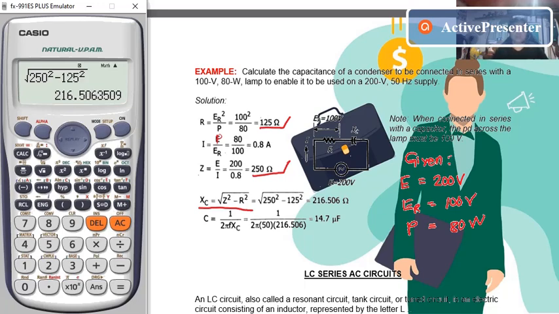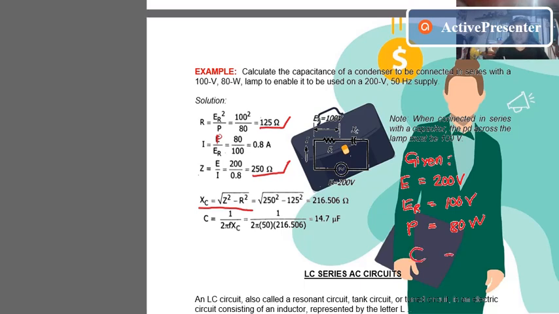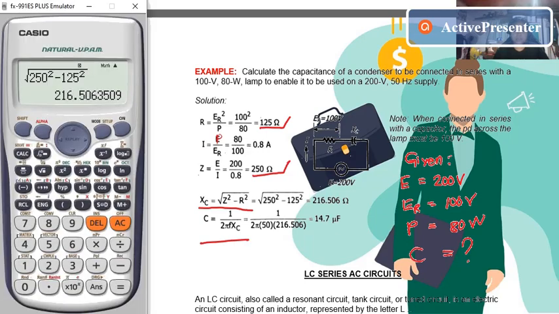ohms. Since what we are looking for in our problem is capacitance, we know already the formula for our capacitance, 1 over 2 pi f XC. Substitute 1 over 2 pi, our frequency, which is 50 Hz.